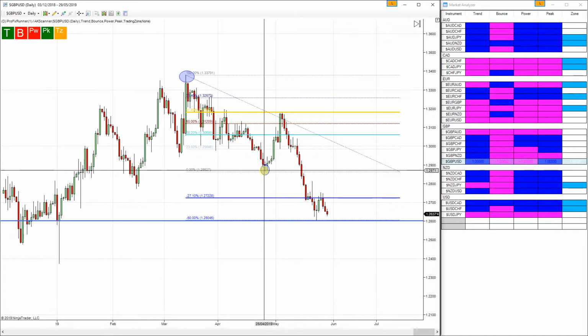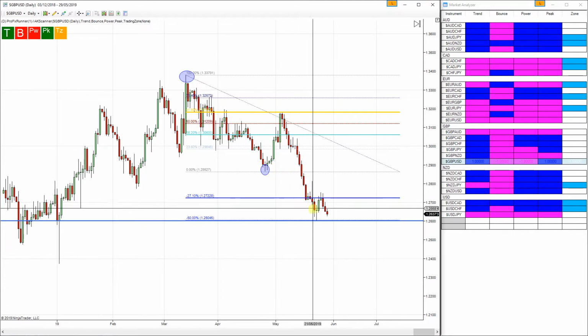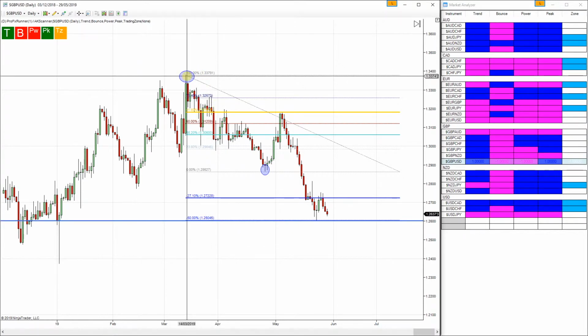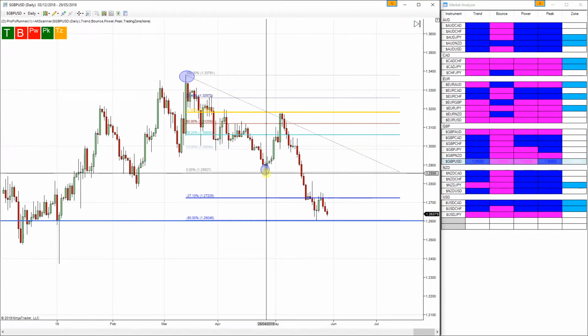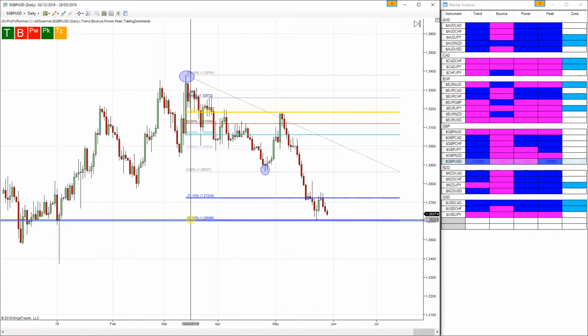And this is the fib extension going to the 27 level and the 50 level. You can see the 50 fib level, even on this reaction here, is coinciding with our support line that we put in earlier from our weekly. So you can see how markets are respecting these levels longer term and shorter term.